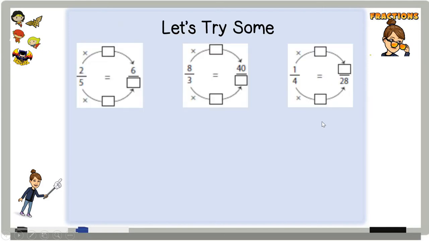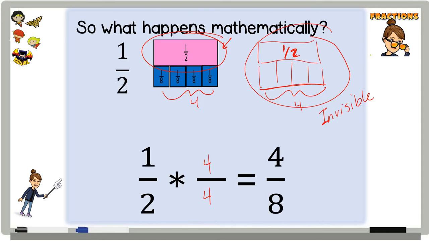All right, so let's go ahead and try this. So here I went from 2 to 6. Now, the only way that you can do equivalent fractions is with multiplication and division, because let's look at it this way. When I took this 1 and cut it into 4, if I did 1 plus 4, that would give me 5. And then if I did 2 plus 4, that would give me 6.